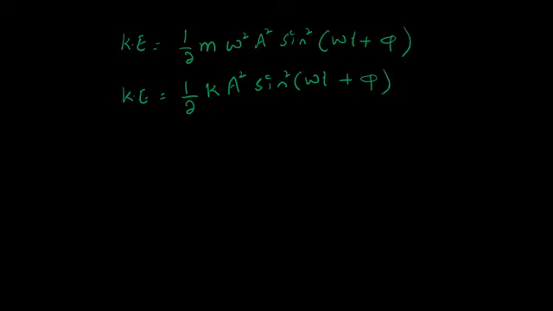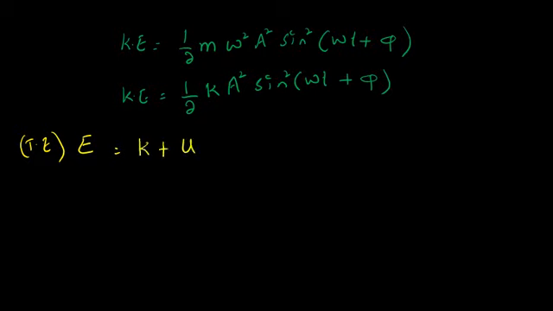Okay, now I can write the equation for the total energy of a simple harmonic oscillator. The total energy E is the sum of kinetic energy plus potential energy.